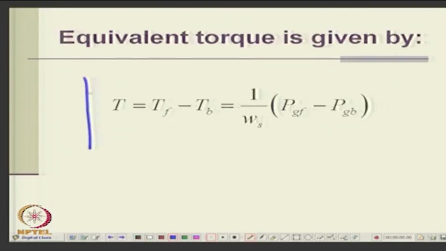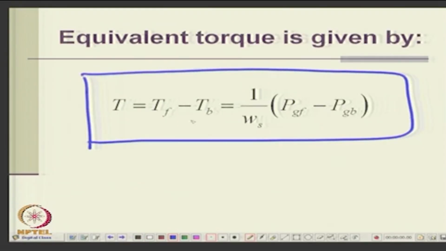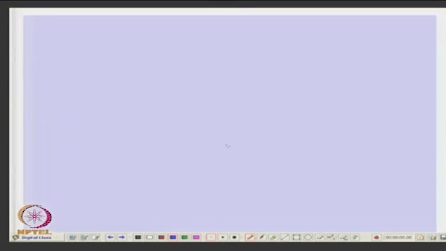Now, the net torque will be Tf minus Tb, which is 1 over omega s into PGF minus PGB. Okay. So, what are you able to do now? What are you given? Vm, Va, slip and parameters.